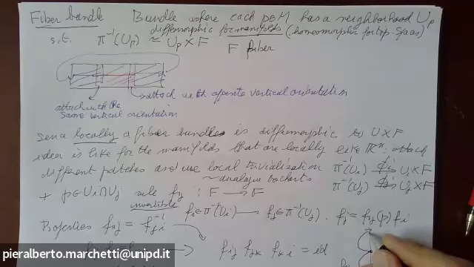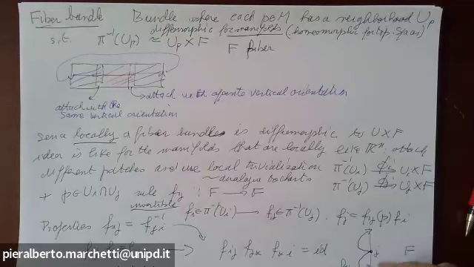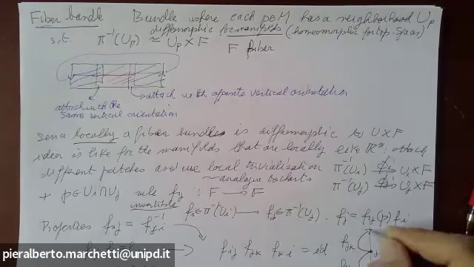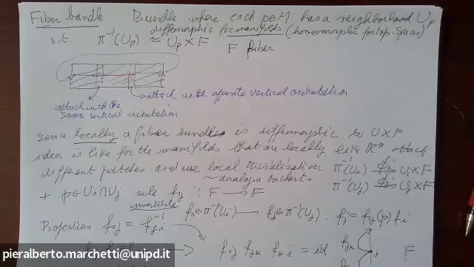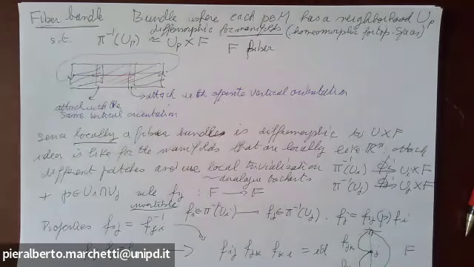Then you map again to the same point, now thought to be in the inverse image by pi of Uk. The idea is, of course, that if you go from here to here and from here to here, it's the same as going from here to here. So, a very simple idea of how you join the fibers.